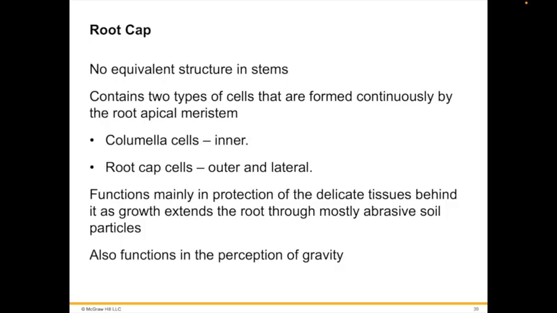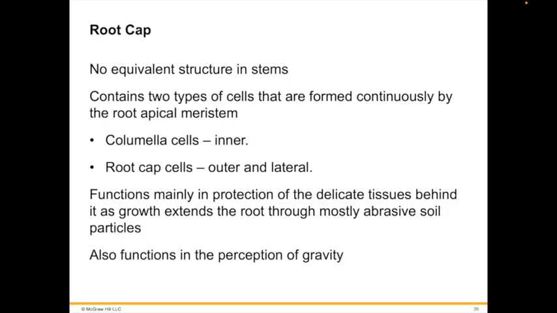So this is what eases the root through the soil. The slimy mass also provides a medium for the growth of beneficial nitrogen-fixing bacteria in the roots of plants such as legumes. A new root cap is produced when an existing one is artificially or accidentally removed from the root.